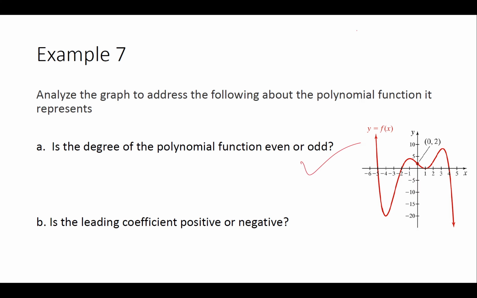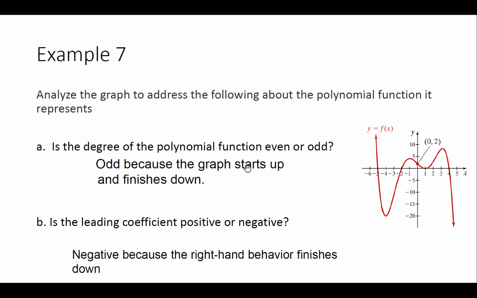So think about this. This is the odd degree for x cubed, and this is the odd degree for negative x cubed. And just compare your graph with one of them. As you can see, the end behavior of the graph of negative x cubed is similar to the end behavior of this graph. So this means the leading coefficient should be negative.